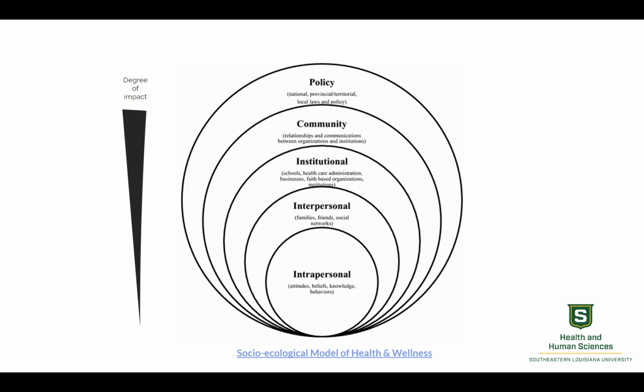For the most part, they have a much broader sphere of influence and a much greater degree of impact, because they can affect a lot of people, and they do not depend on people having their individual convictions or their individual knowledge changing. It just basically says you have to do this. So it has a much greater sphere of influence and degree of impact.